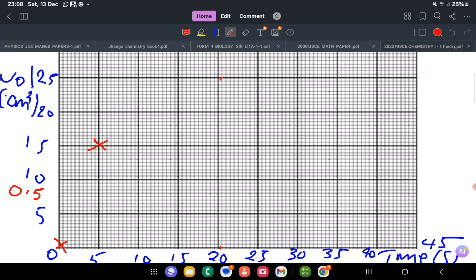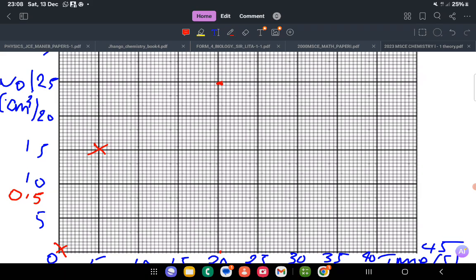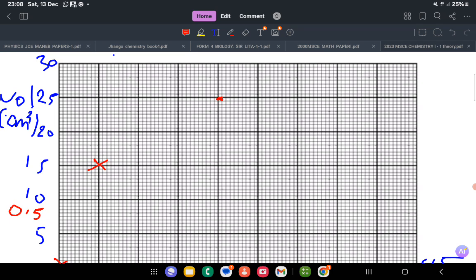So 27, this is 25. In order to get 27, we shall need 4 of these, 4 divisions from 25. We need to find the point. Our point is going to be somewhere there.